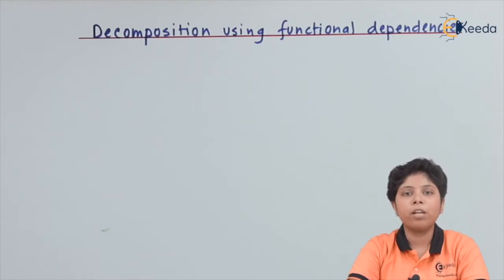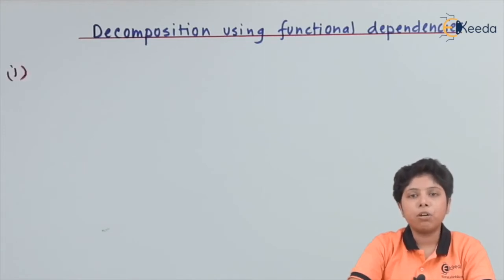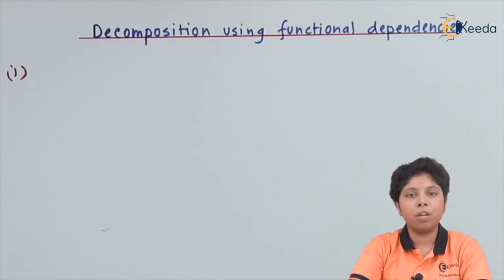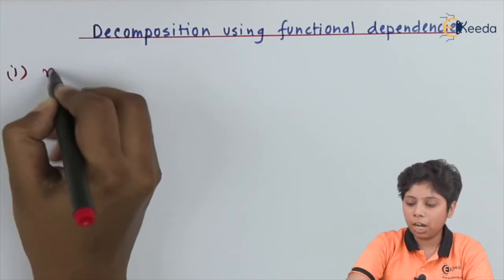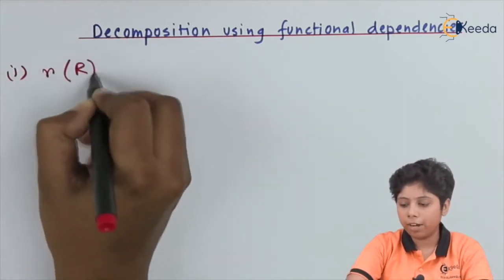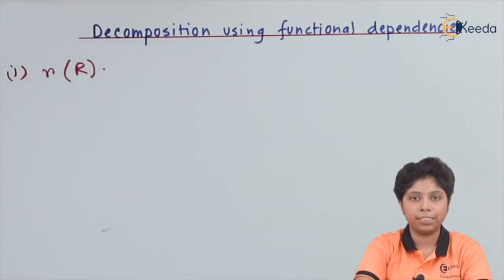Now, before going on to examples, we should know what notations we use while having the decomposition rules. First, we use small r as the relation name, followed by brackets with capital R as the set of attributes. So we define a relation r with a set of attributes capital R in it.